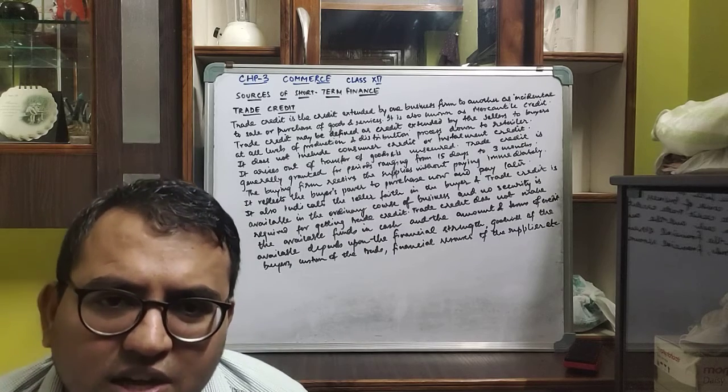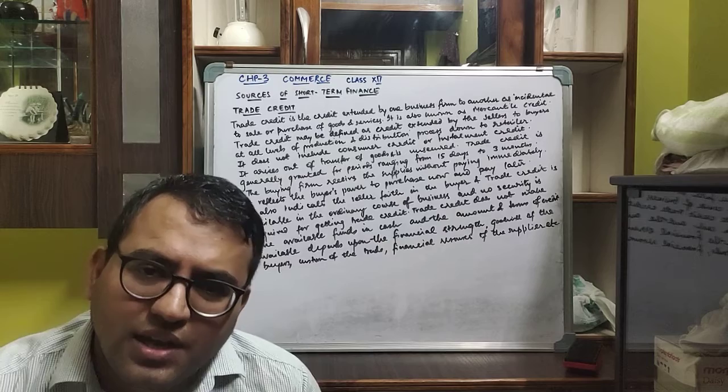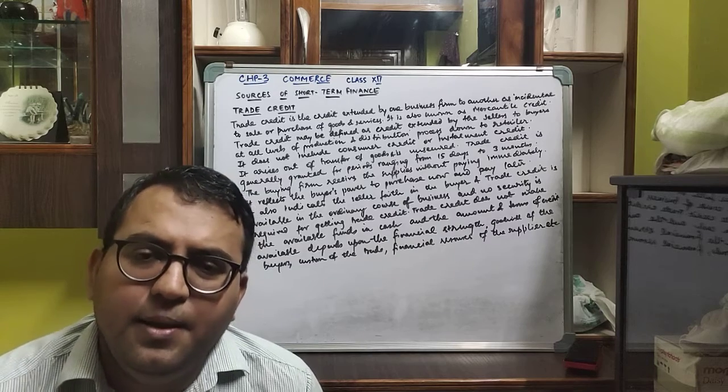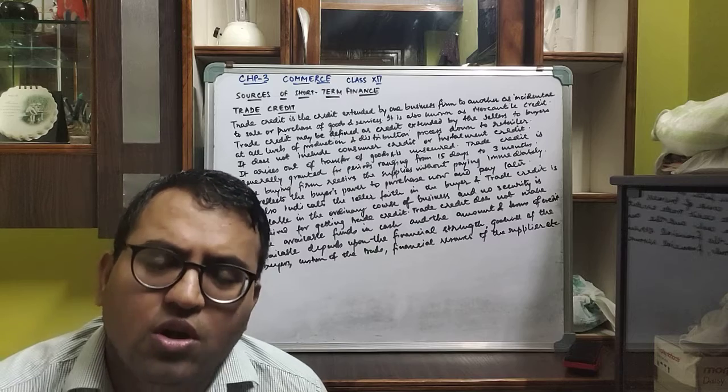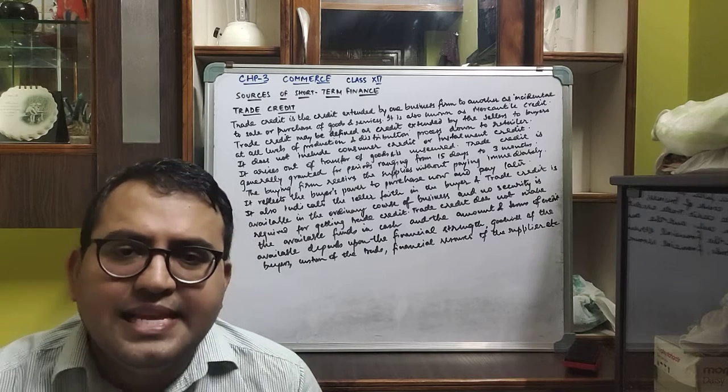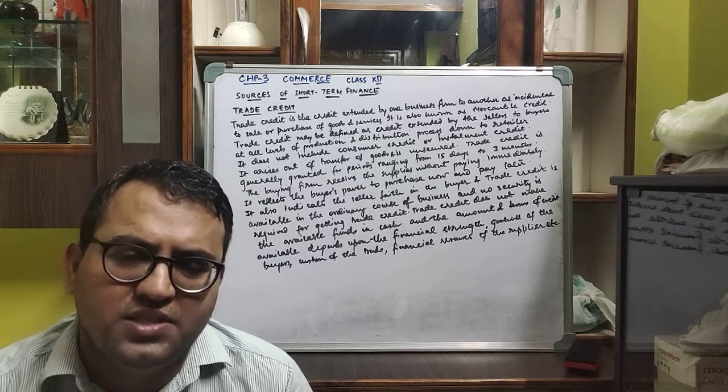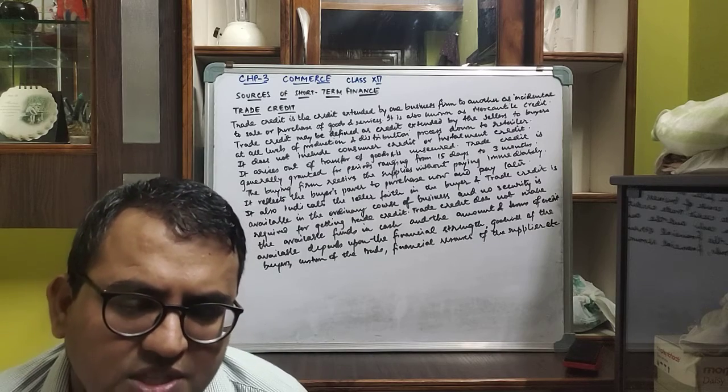As we have discussed, trade credit is the credit which is extended by one firm or one company to another firm or company, incidental to the sale of goods or services or the purchase of goods and services.